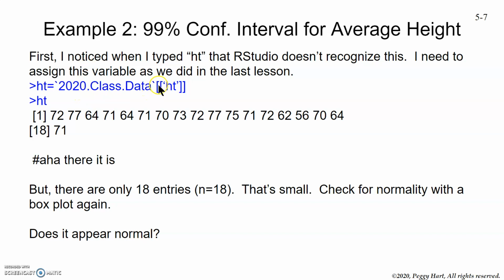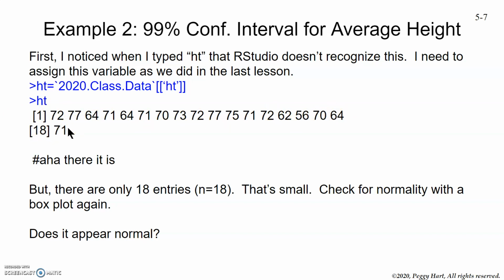Then I type double brackets and the name of the variable between quotation marks that shows up in this file. And when I did that, all of a sudden HT showed up the way I wanted. The 18 heights from that data set showed up.